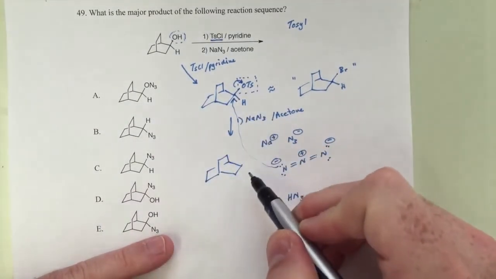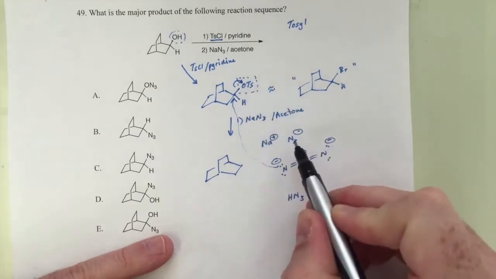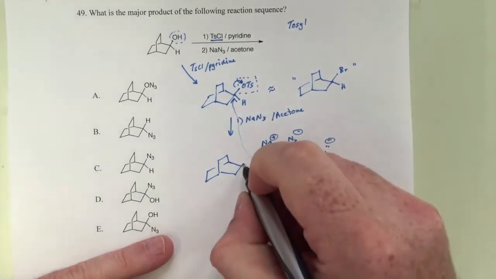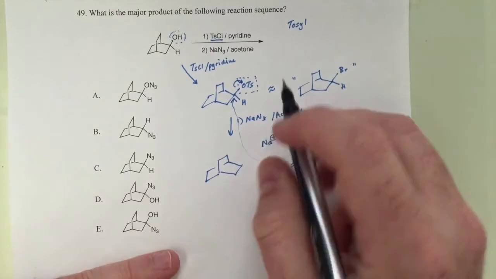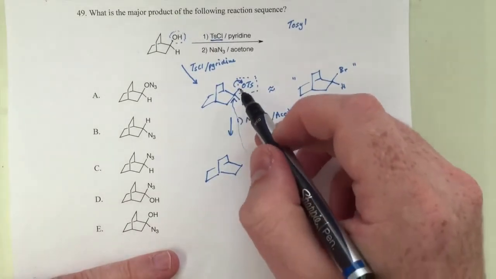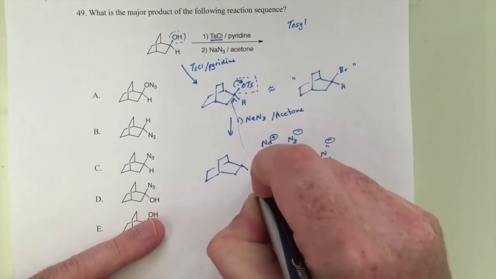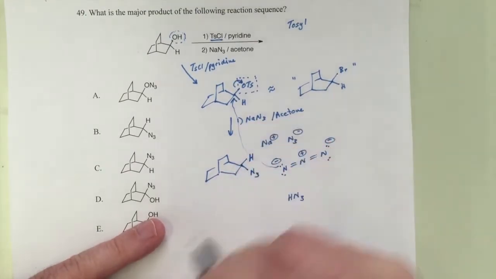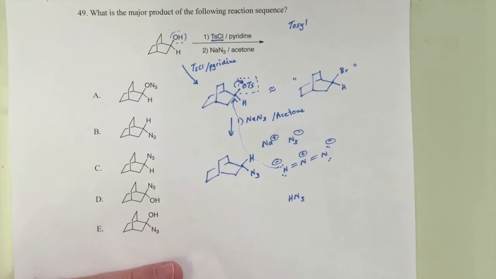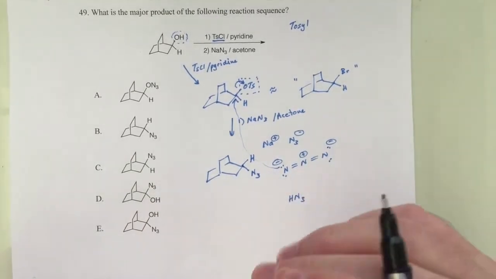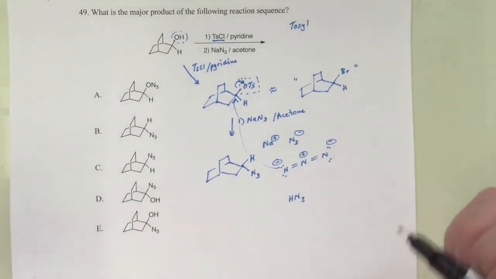The hydrogen will stay on there, but the OTs will be replaced with N3. Now don't be tempted to put the N3 here, however. Remember, this is a backside attack, so it will invert the stereochemistry. So in fact, we will have this N3 with the hydrogen at the top, because the SN2, the backside attack, occurs via an inversion of configuration.